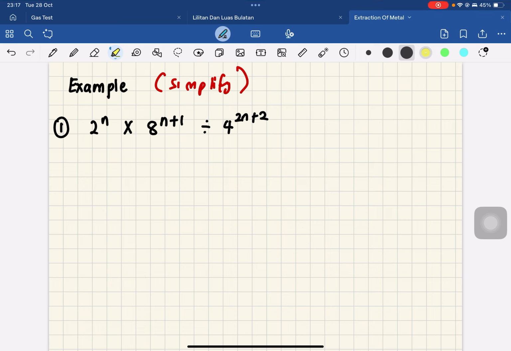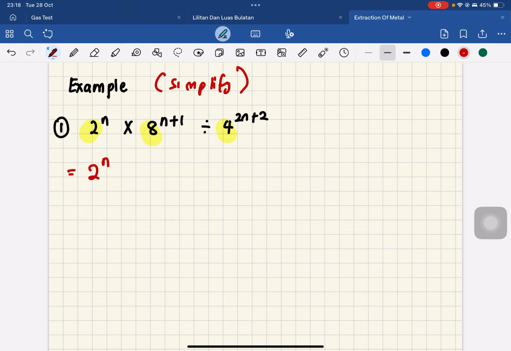This is between multiplication and division. So what we're going to do is reduce the numbers to the smallest base. You see the numbers 2, 8 and 4. What do they have in common? You can see that 2 cannot be reduced to a smaller base. It is the smallest base, right? 2 cannot be reduced.